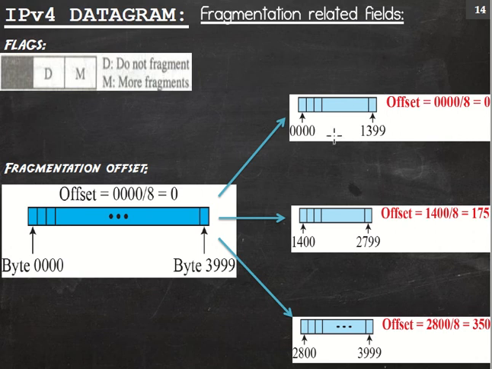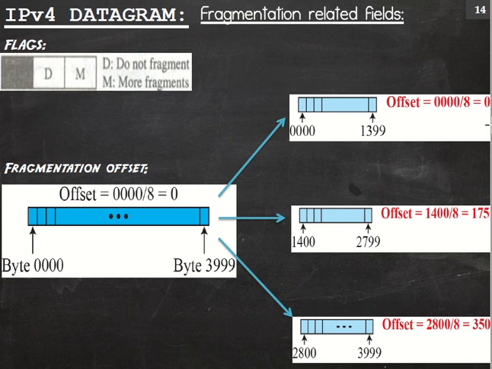So if you see this, the first fragment carries from 0 to 1399. To calculate the offset address, we take the first data and divide it by 8.